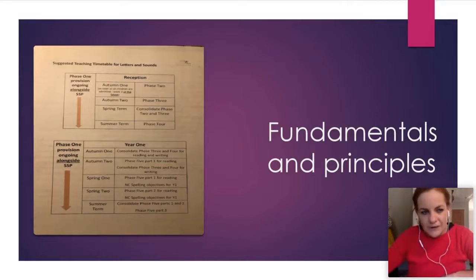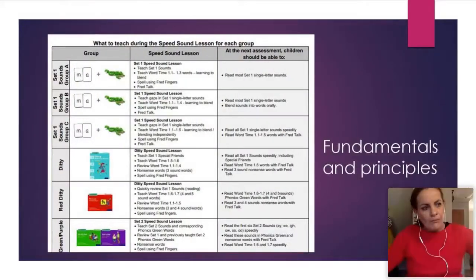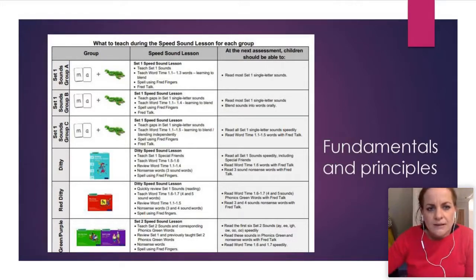You wouldn't wait till you finish that to move on to the next one, because otherwise you're not going to maintain the pace of the program. And then, as I said before, this is the Read Write Inc. one. These have all been carefully mapped out, showing you what to teach when. So by the end of autumn one, the children should be able to do the following, and so on. So these are like your benchmarks as to the system that you have to run through from start to finish.